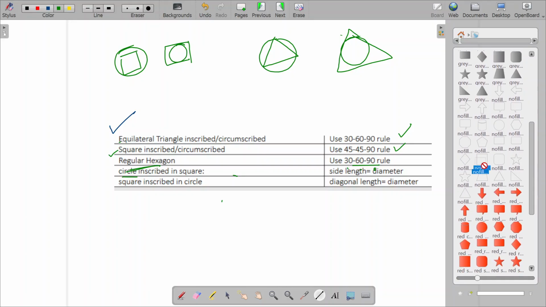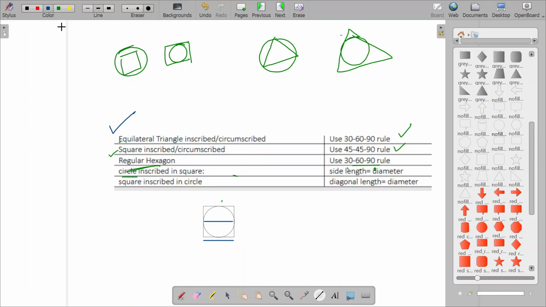Let me take the shapes and show it to you. There is a square and there is a circle. Let's assume this circle is inscribed in a square. So whenever a circle is inscribed in a square, you can clearly see that the side length of the square is nothing but the diameter of the circle.